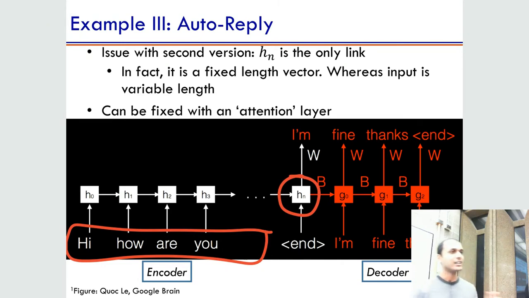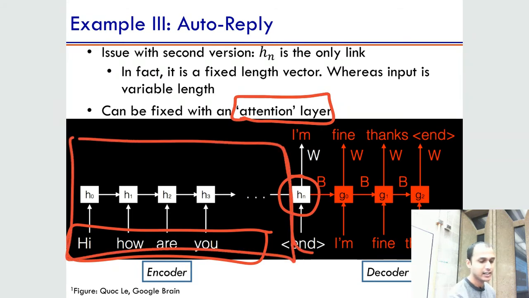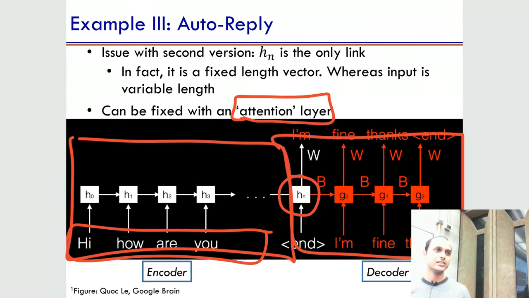It's not clear whether that vector is going to capture all the semantic information in the right way so that I can generate the right response. There are ways to train networks where you can do better than this particular encoder decoder architecture that we have. And that's through this trick of attention.